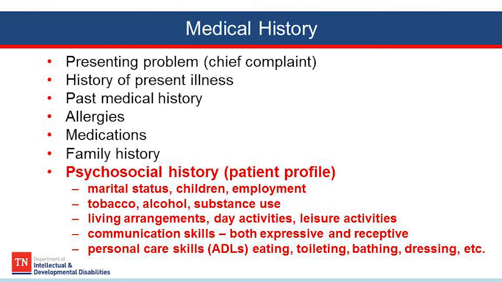The first two points really would be similar to anyone, but in terms of educating the provider you're working with, a word about living arrangements and day and leisure activities of the person will help them understand a little bit more about this individual with a disability.